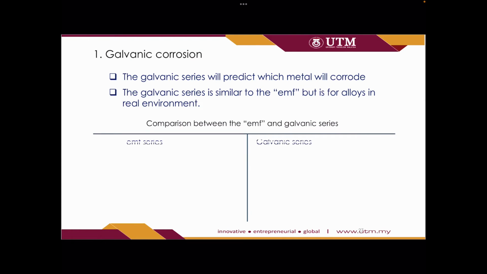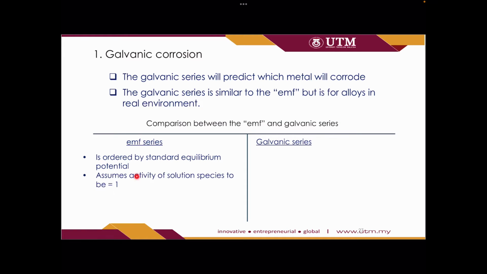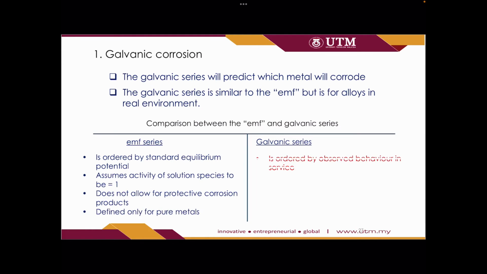The EMF series is ordered by standard equilibrium potential, assumes the activity of solution species to be 1, and does not allow for protective corrosion products. But the galvanic series is ordered by observed behavior in service, so it allows for corrosion products and can be defined for alloys.